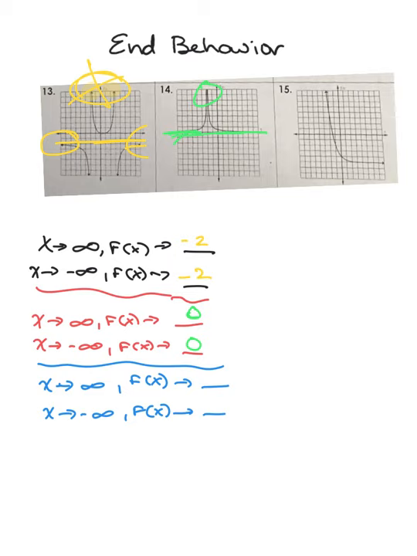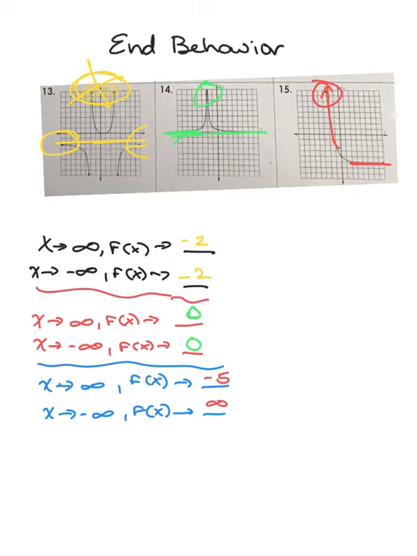And last but not least, as x approaches infinity, I'm getting closer and closer to this asymptote here, which appears to be negative 5. However, as x approaches negative infinity, I am going off my graph. It's not the middle of it, so y is actually approaching positive infinity.